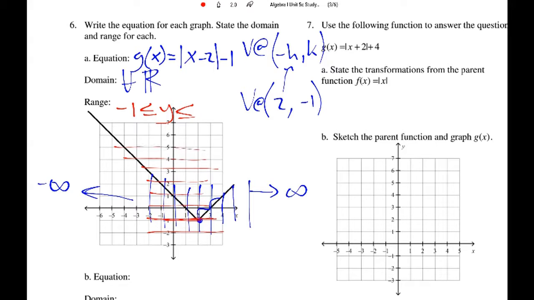See how my red line keeps crossing those rays? It'll keep doing that forever. And that's how you can write your range. I'm also okay if you were to write it like this. I will understand exactly how you were thinking. That would work.